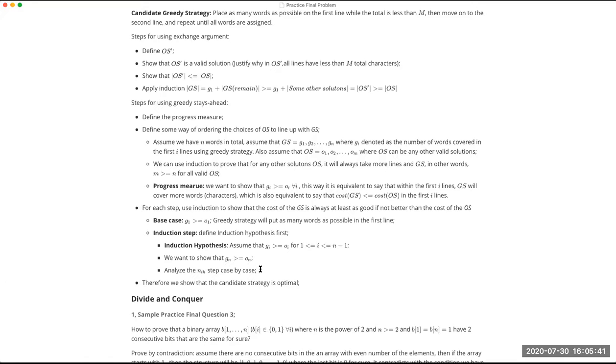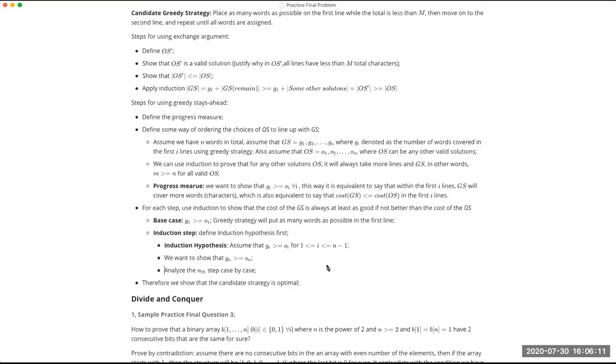For OS, there still need to be n lines. So since GS already covered all the points, G(n) is definitely larger than O(n). G(n) equals the number of words we have, and O(n) is definitely less than or equal to G(n), correct?